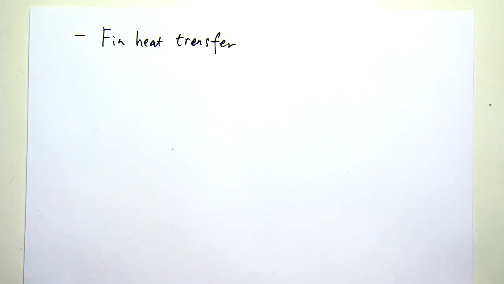We conducted the analysis on the fin and derived the equation so that we can understand how the heat transfer goes through a fin. The purpose of extended surface heat transfer, we want to be clear, is to enhance the heat transfer. So you give it more surface area, so heat transfer can happen through both the conduction and convection modes.